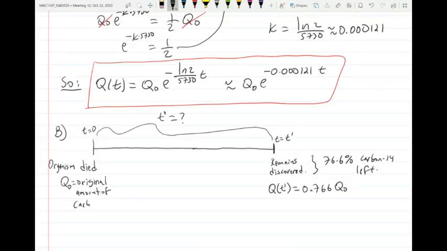And then the time passed, and when you discovered it, you found that only 76.6% is left. In other words, 0.766 times whatever that initial amount was.